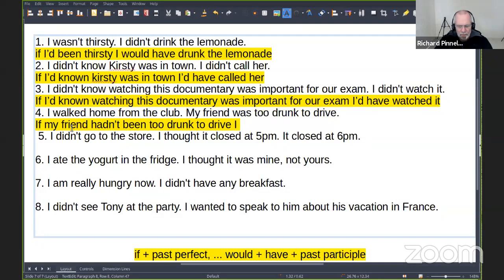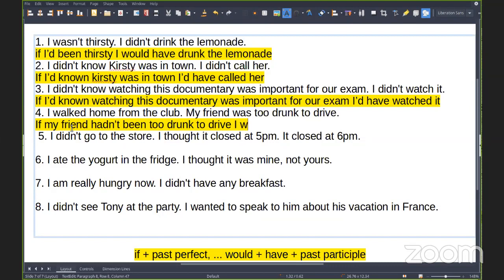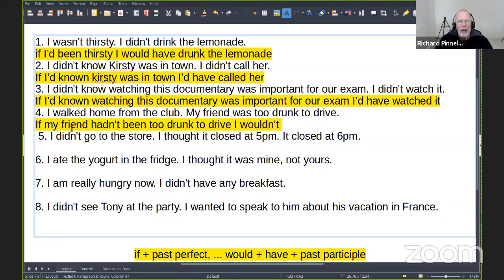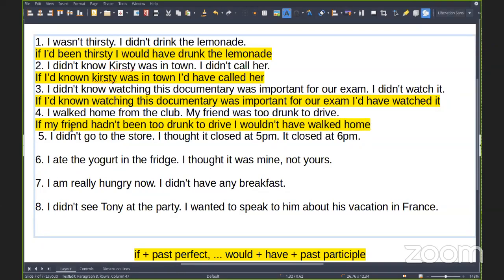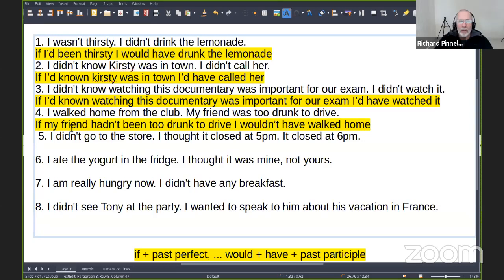Any ideas? I didn't walk. No. I wouldn't have walked home. Yeah, almost. If my friend hadn't been too drunk to drive, I wouldn't have walked home.